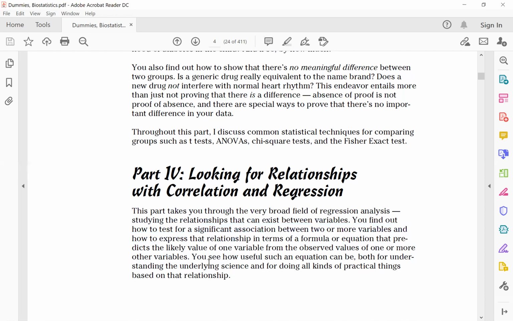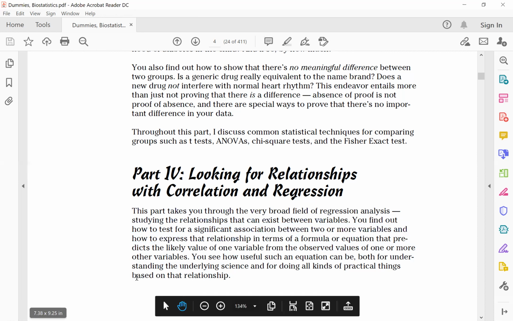So you see how useful such an equation can be both for understanding the underlying science and for doing all kinds of practical things based on that relationship.